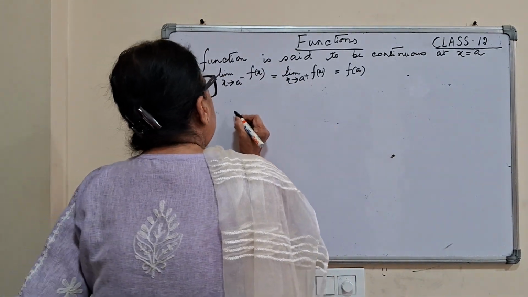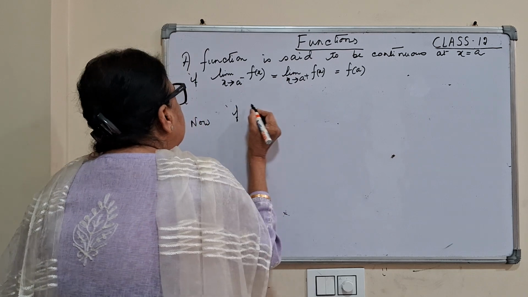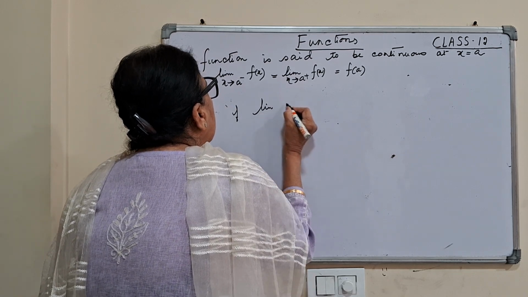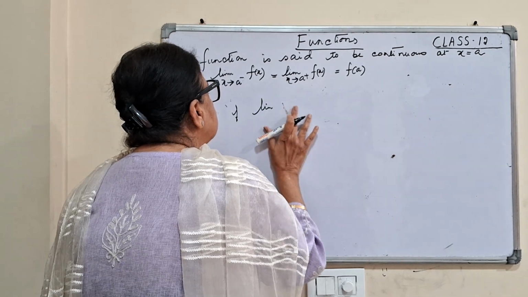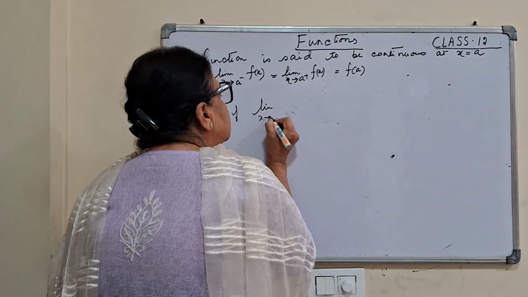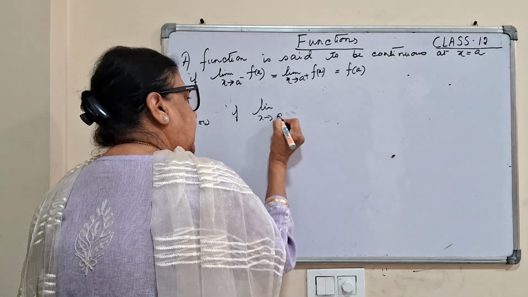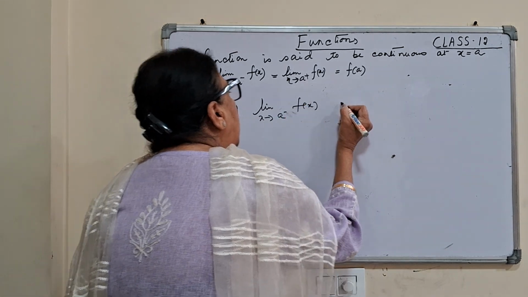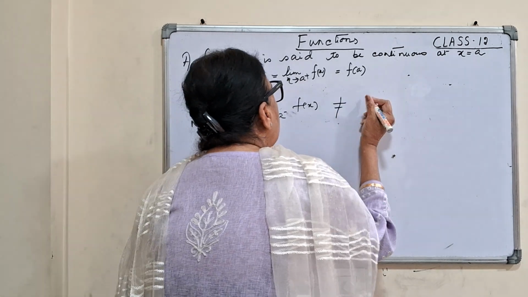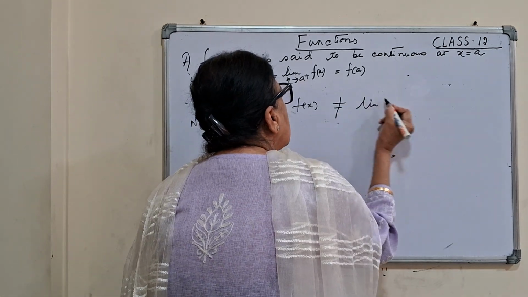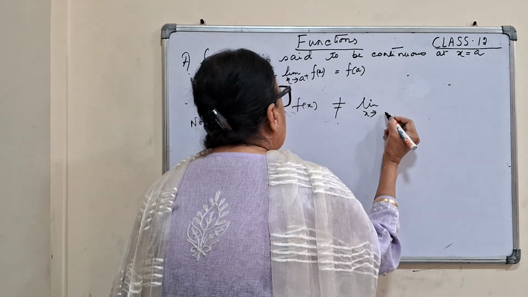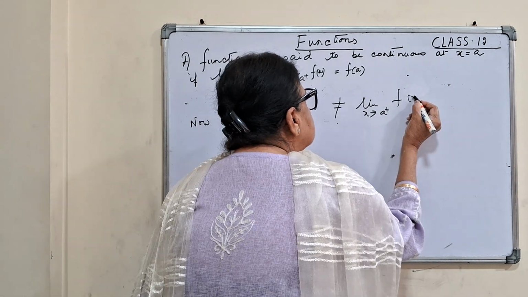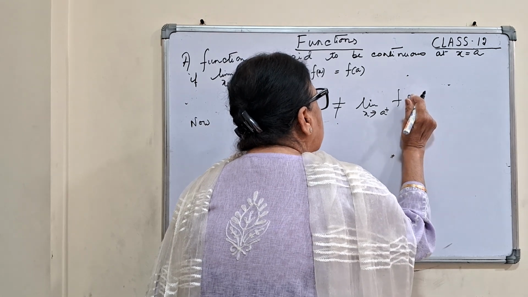Now, if limit x tends to a minus of fx is not equal to limit x tends to a plus of fx, that means the left hand limit is not equal to the right hand limit.